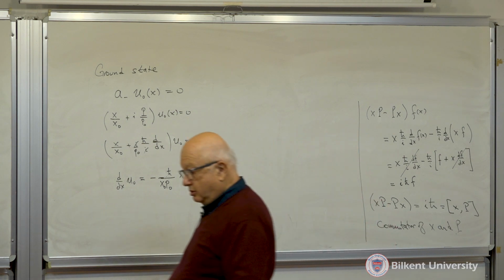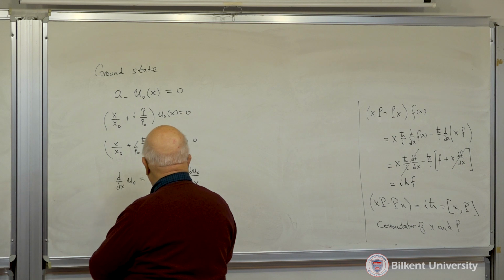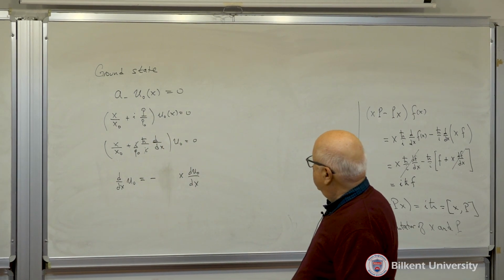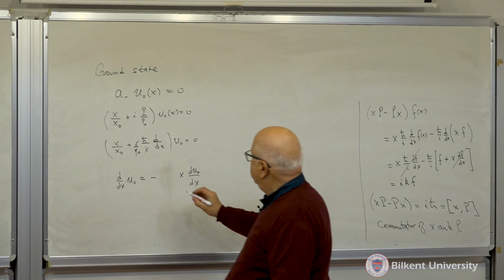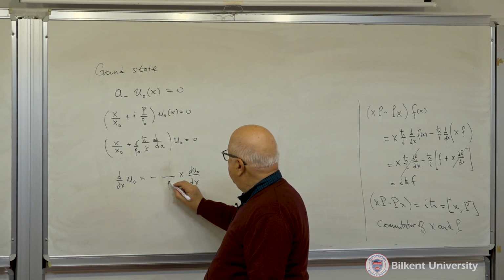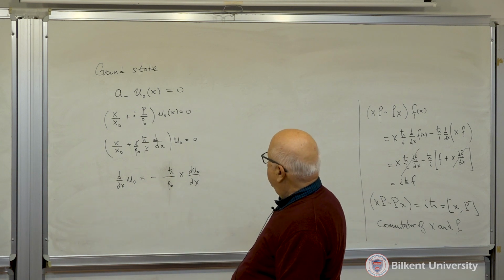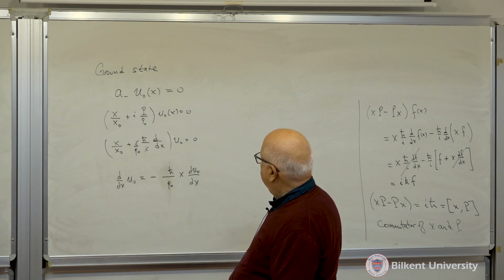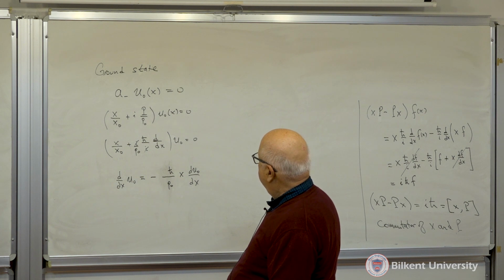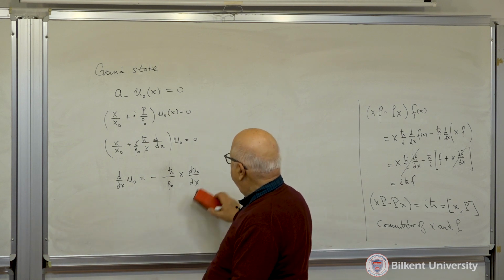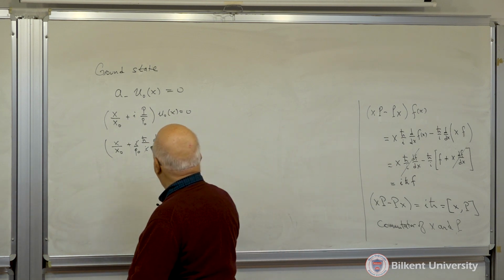Please check my algebra so that we get the correct result here. 1 over p0 is already there, h bar is up there. Okay, let me just do this again.